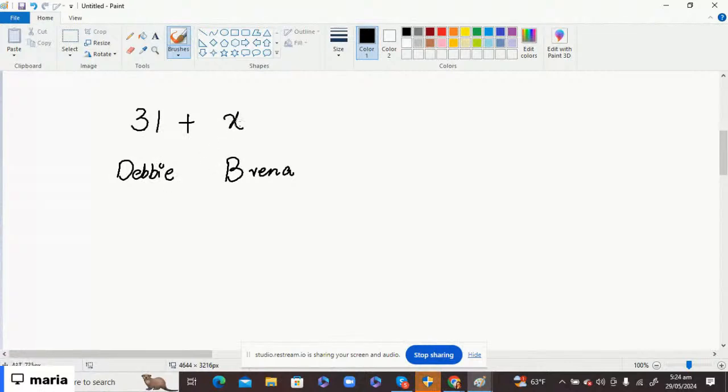And if they give some numbers, like Brenna has 12 more than Dabby, what does it mean? In place of this X, we are going to write 12. 12 more than Dabby. This is basically the thing we are doing.